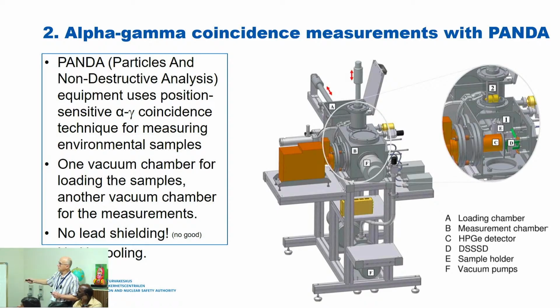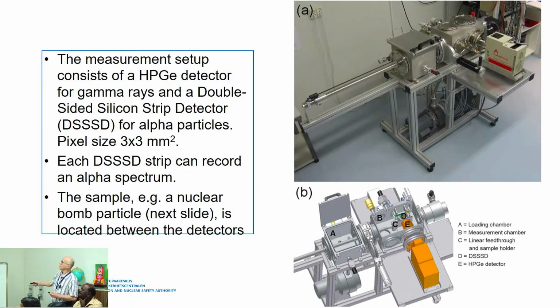This is a gamma spectrometer. Let's look at this in a realistic way. The measurement setup consists of one high-purity germanium detector for gamma rays and a so-called double-sided silicon strip detector for alpha particles.